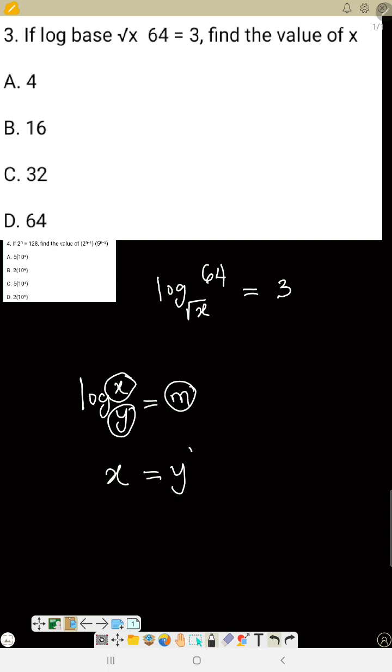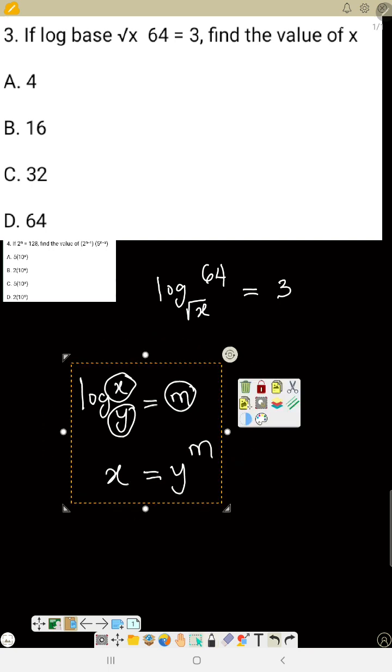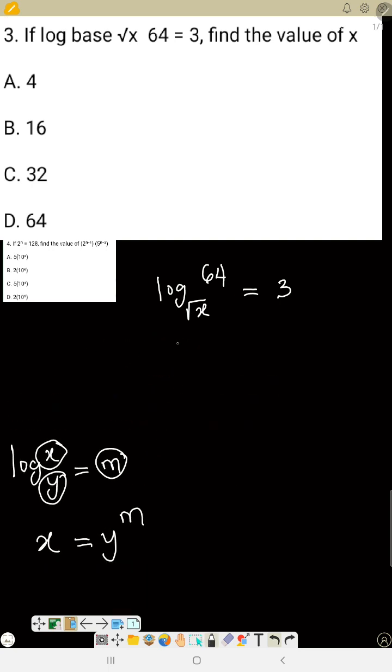We carry this one as power raised to power m. So if you apply the same rule here, 64 will be equals to root x, that is anything you have here, raised to power 3.